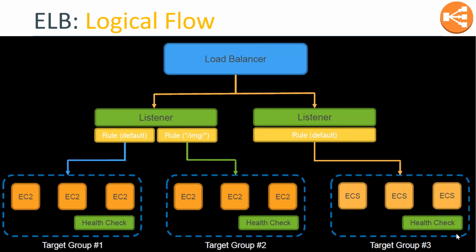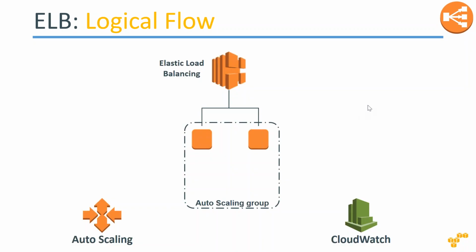If we take it one step forward and see in an animated way how a load balancer works very nicely with an auto scaling group, this is how it will look. Imagine a simple architecture where we have an auto scaling group, and inside it we have two EC2 instances, and in front of those EC2 instances we have a load balancer distributing traffic between both of them.